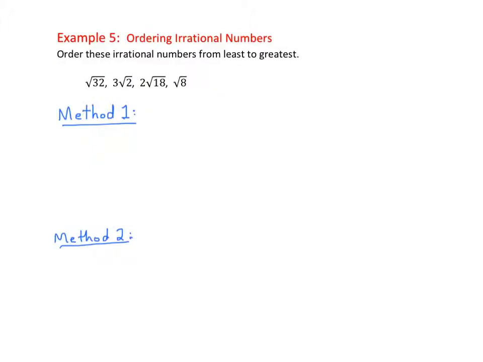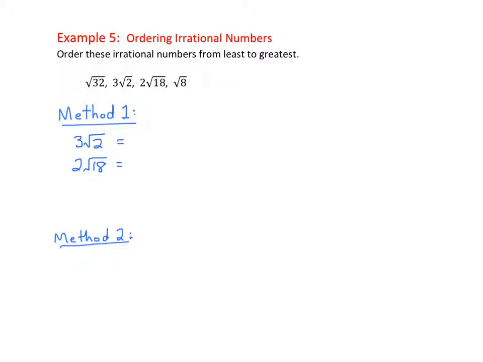For example 5, we're going to put these 4 radicals in order from least to greatest using both methods previously discussed. In method 1, we need to convert all of the mixed radicals to entire radicals. Then we can compare the radicands. So we need to convert 3 root 2 and 2 root 18 into entire radicals.